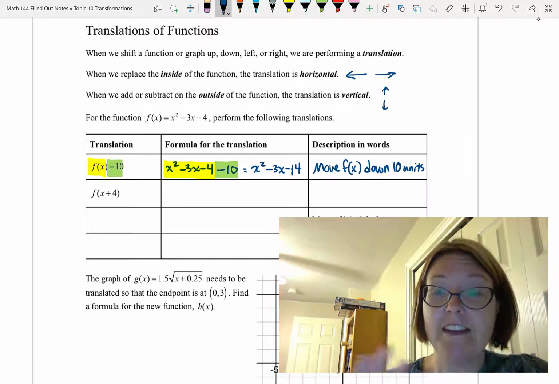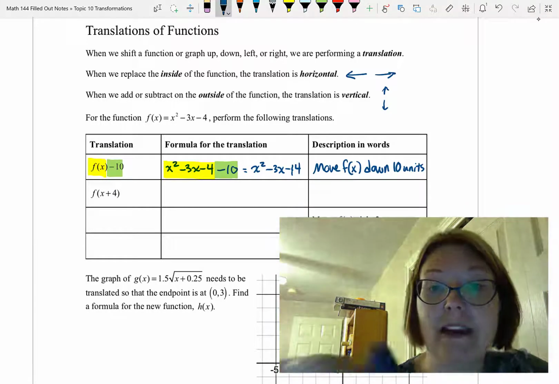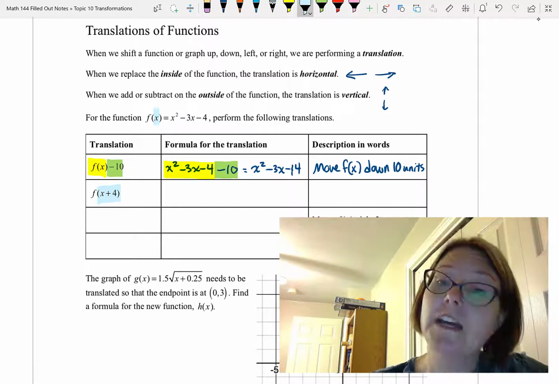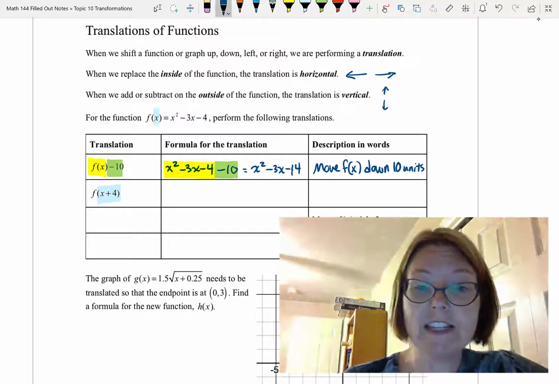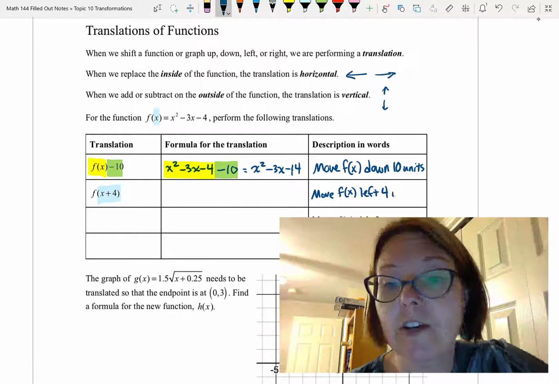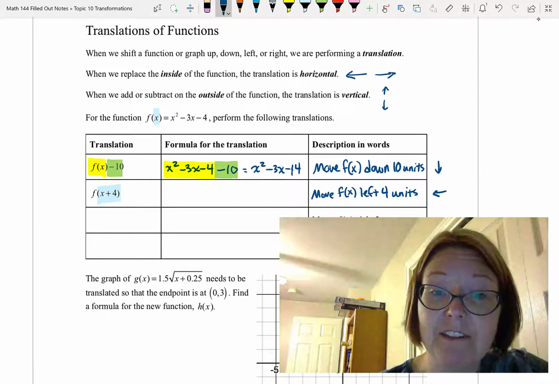Let's try another one. f of, and then in parentheses, x plus 4. Now we've replaced x with something else. So when we replace the inside of the function with something else, we have a horizontal translation. And since we're adding 4 on the inside, we would be moving f of x to the left 4 units. And how would I write this? I'll start by making a skeleton for that original function.